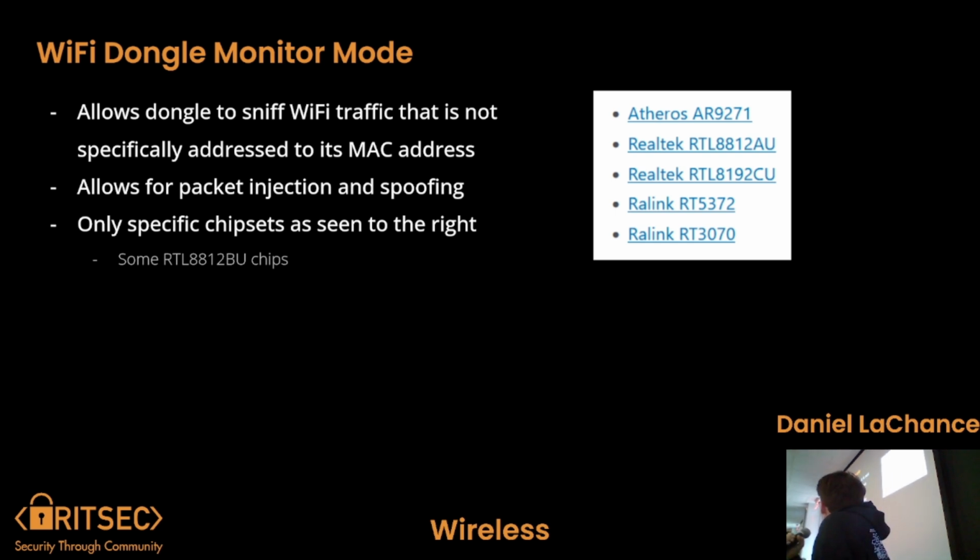It allows dongles to sniff Wi-Fi traffic not addressed to them. Packet injection, so you can send deauthentication packets, might be useful. It works only on specific chipsets, so don't expect your random dongle or your laptop's integrated chip to actually work with this.